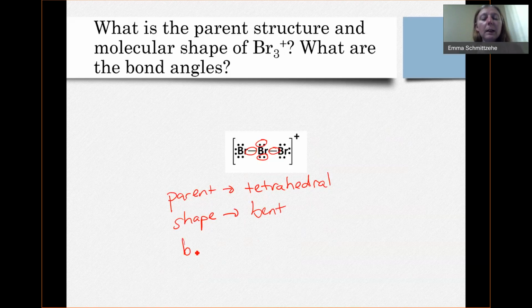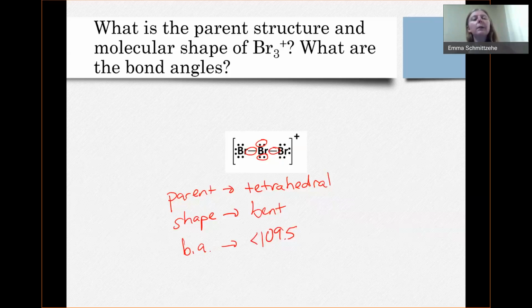And then my bond angle needs to be related to the tetrahedral angle because that's what my parent is. And so my core angle is 109.5, but since there's lone pairs involved, it makes it less than that. Okay, and I think that's my last one. So hopefully that gives you an idea of how to apply this.